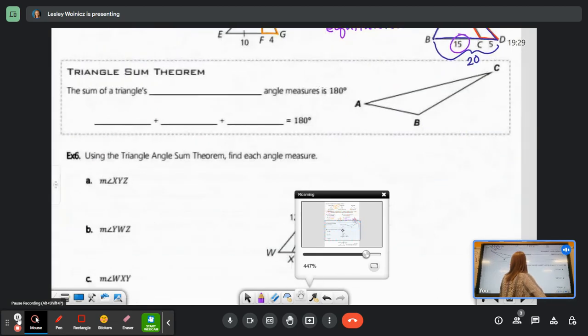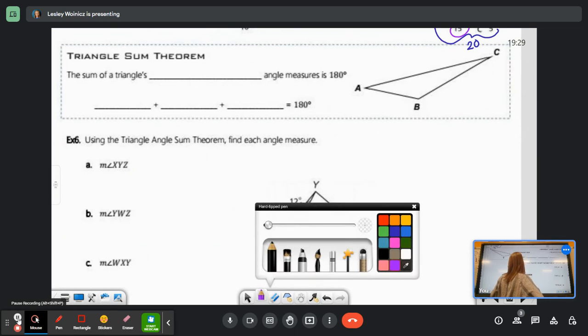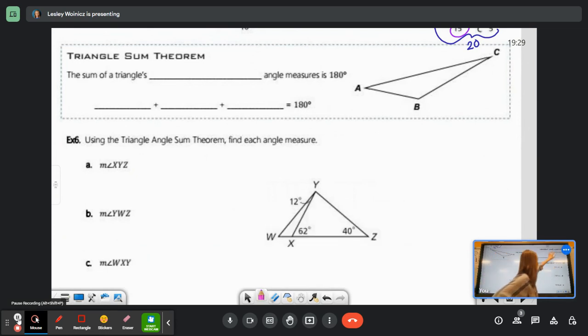Sweet. All right, we got to talk about the triangle sum theorem. We kind of have already addressed this, but the sum of a triangle's interior angle measures is 180.